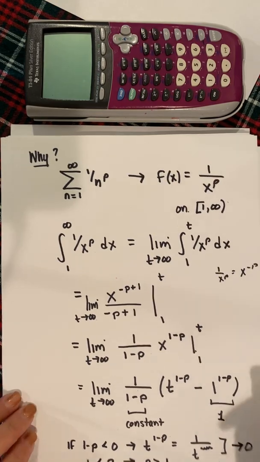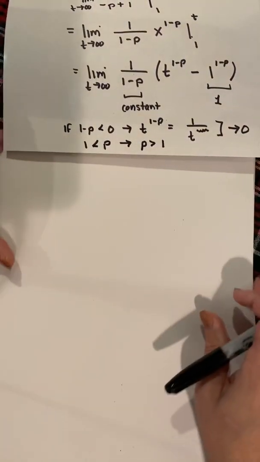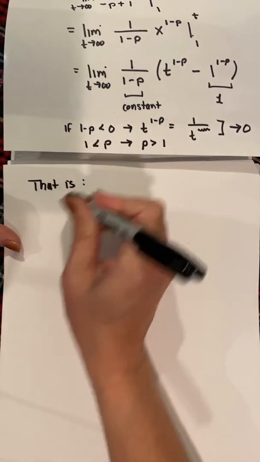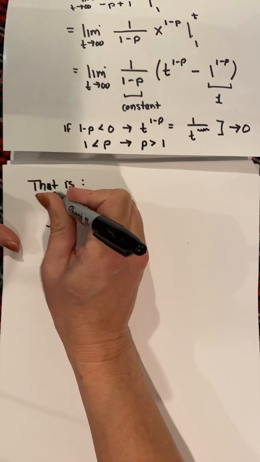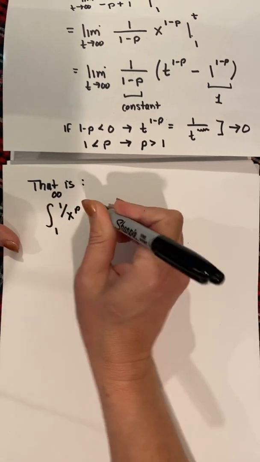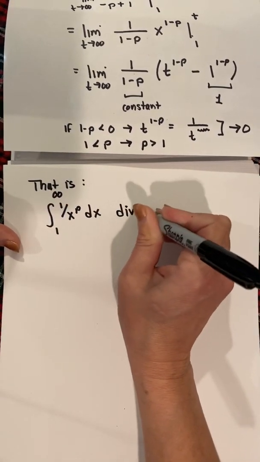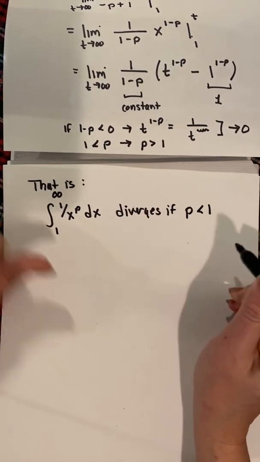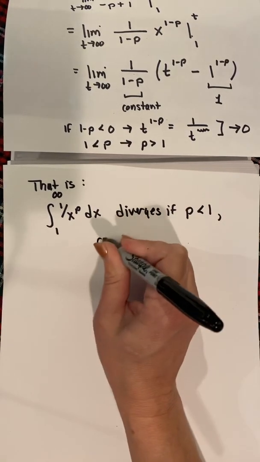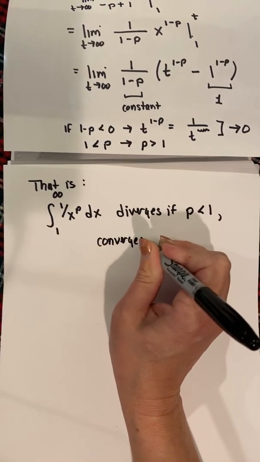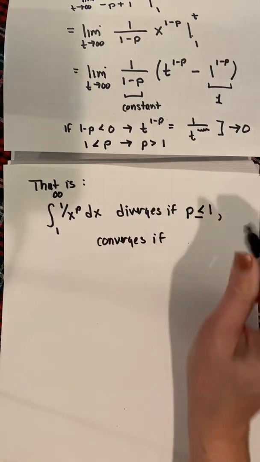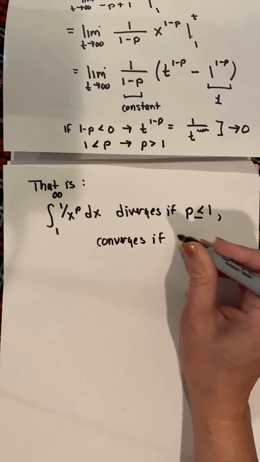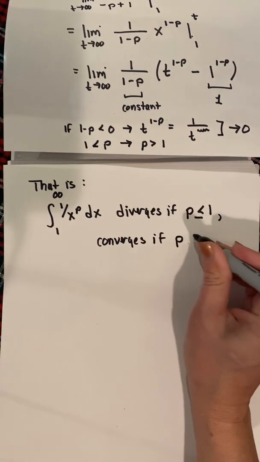Therefore, this integral from 1 to infinity of 1 over x to the p dx diverges if p is less than or equal to 1, because if it's equal to 1, then we have the integral giving the natural log, and that we know diverges.